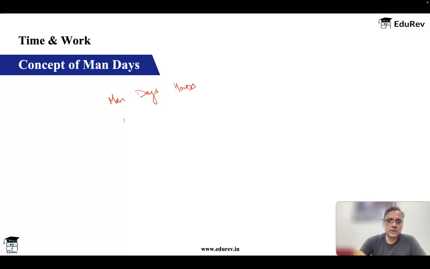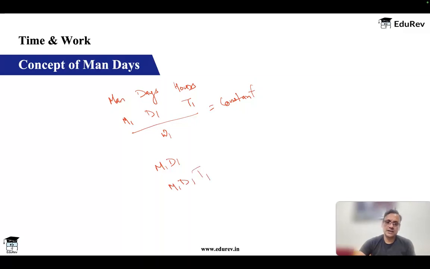So M1 D1 T1 upon W is a constant. Sometimes you won't have time, so only M1 D1. Work will be the same, so no need to divide by W either. So I can say M1 D1, or M1 D1 T1, or M1 D1 T1 upon W1, depending on how many variables are there in the question.